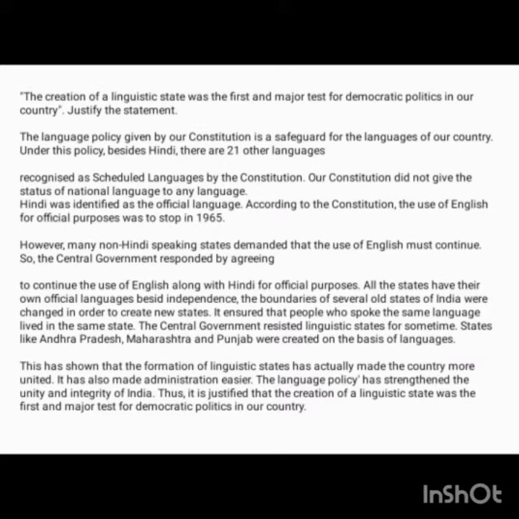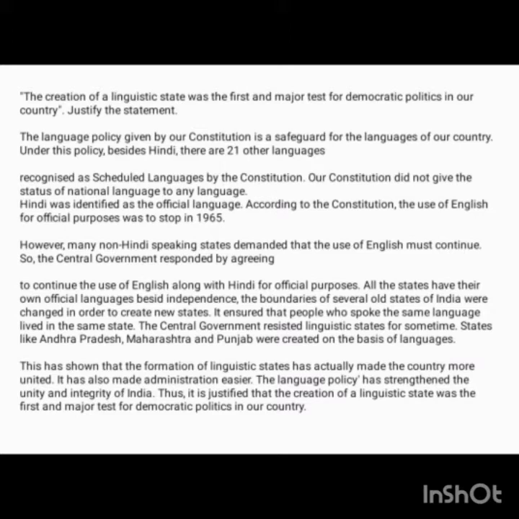But many non-Hindi speaking states demanded that the use of English must be continued. So the central government responded by agreeing. The non-Hindi speaking states can adopt their own vernacular language as their official language, plus English is also considered an official language.